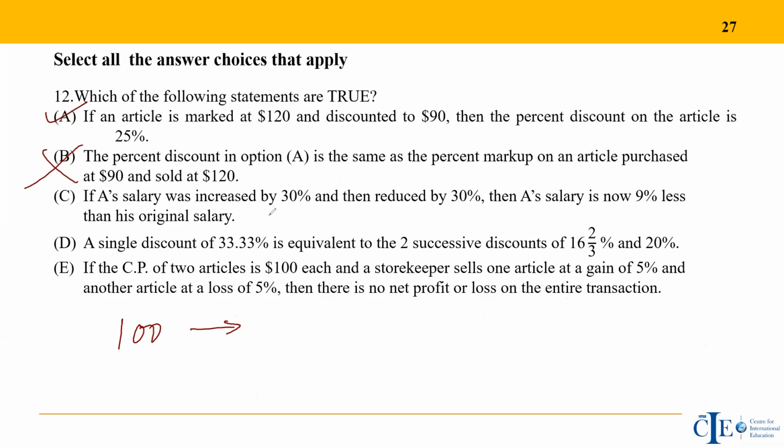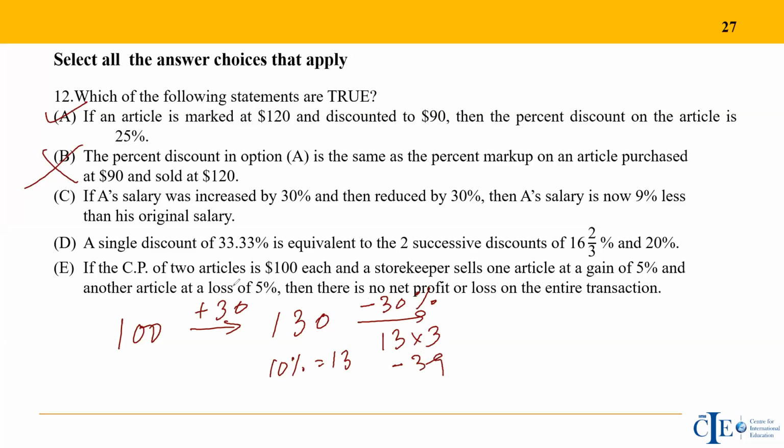He first gets increased by 30%, which is of course plus 30, so 130. And then he had a reduction of 30%. Now 10% is 13, so there will be a total reduction of 13 into 3, which is 39.